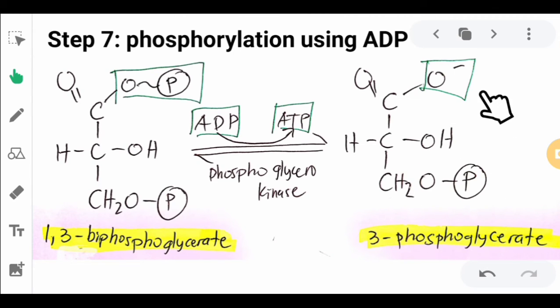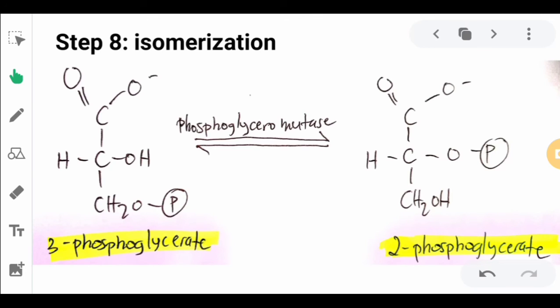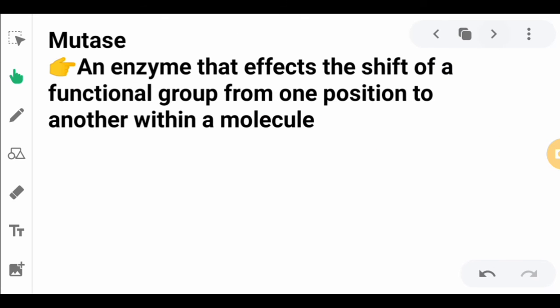These 2 pieces of 3-phosphoglycerate will undergo the reaction in step 8, the isomerization, with the help of the enzyme phosphoglyceromutase. Mutase is an enzyme that affects the shift of a functional group from one position to another within a molecule. So there will be a shifting of the functional group.